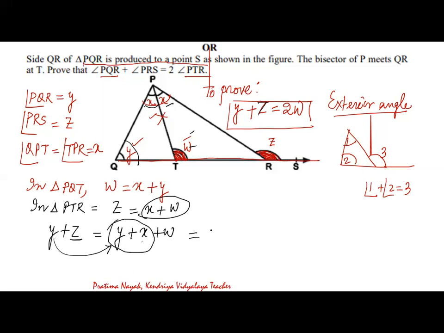This is also W. So W angle plus W angle is equal to twice W. So it is proved. You can write the name of the triangle also, but I think it is better to write 1, 2, 3, 4 or X, Y, Z. It takes less time and creates less confusion.